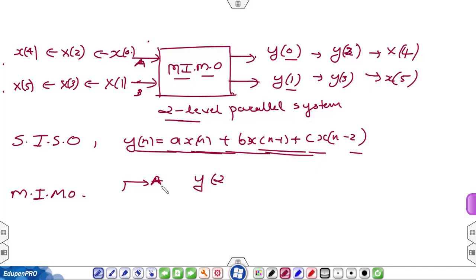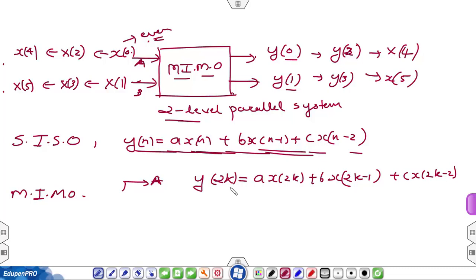This is processing even number of samples, so y of 2k, an even number, is given by a of x 2k plus b of x 2k minus 1 plus c of x 2k minus 2. So this equation is representing one SISO system inside this.